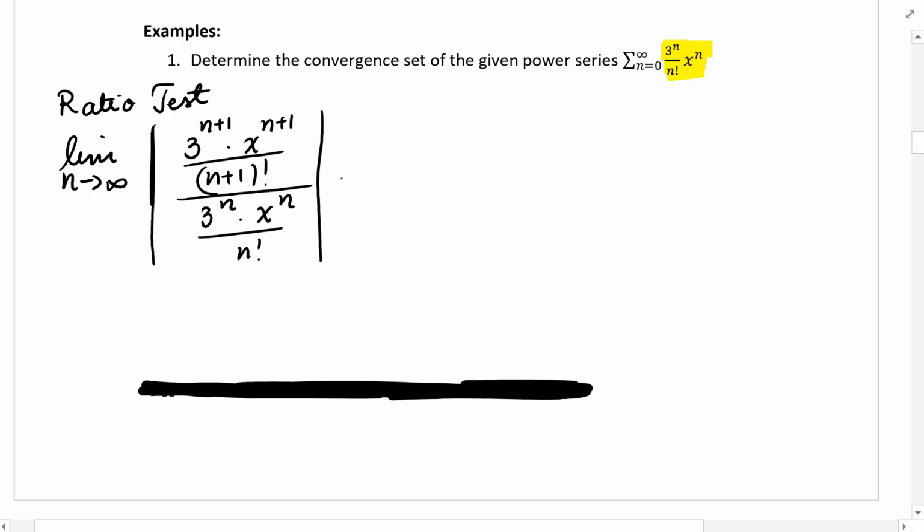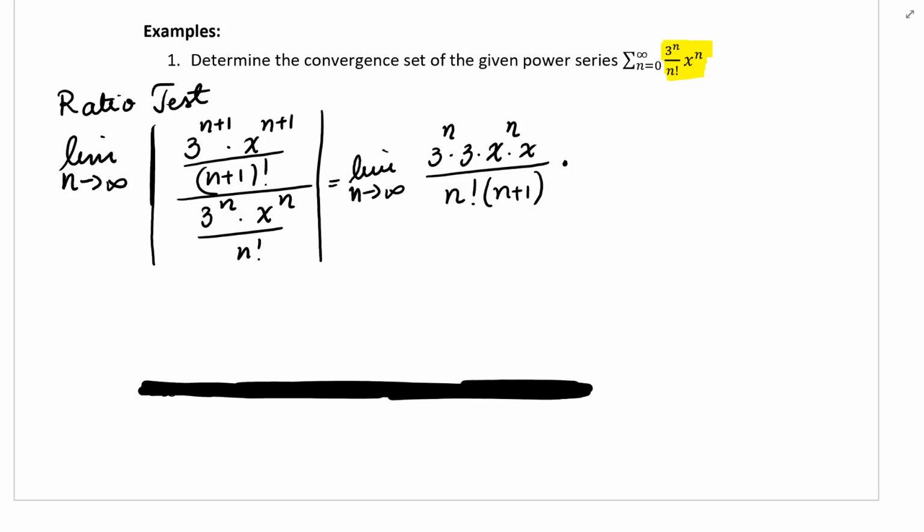So let's do some math here. Limit as n is approaching infinity. 3 to the n plus 1, I'm going to write as 3 to the n times 3. x to the n plus 1 is x to the n times x, over n plus 1 factorial, which is n factorial times n plus 1. And then times, I'm going to switch this fraction into n factorial over 3 to the n times x to the n, absolute value.